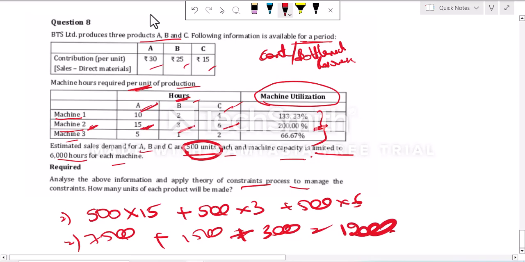But how much do they have? Only 6,000. Okay, so with this we have found this is the bottleneck resource.